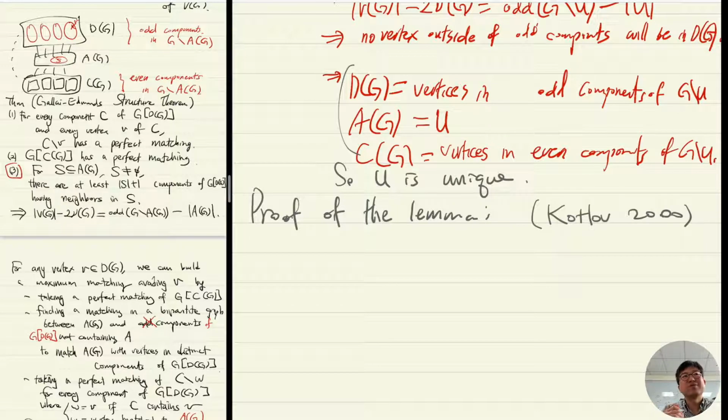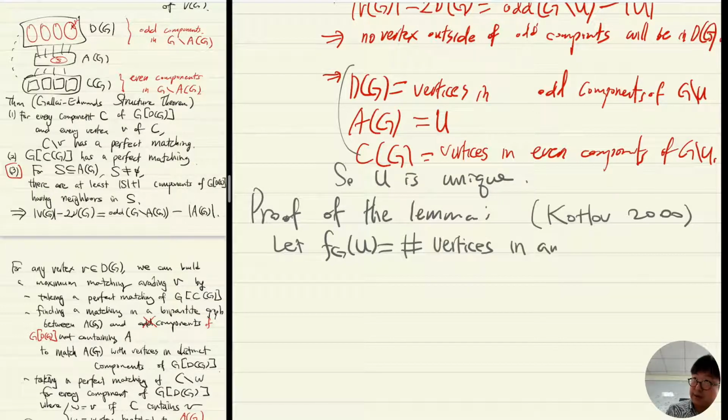So if you want to look for the paper describing the proof, you can look at his paper. So what we do is define this function f of G, U to be the number of vertices in odd components of G delete U.